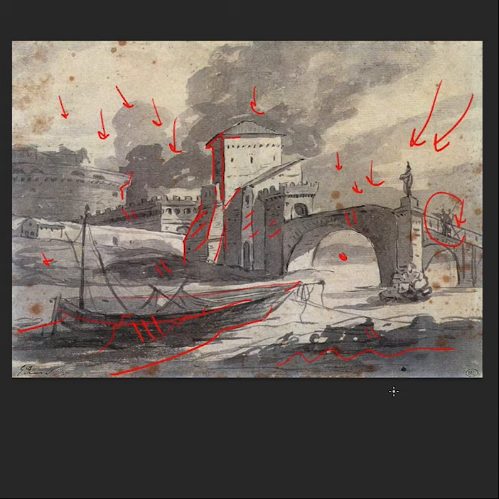And then you could also work a little bit wet into wet to make soft transitions like he does here as well. So there is the work by David, an incredible draftsman, a neoclassical artist that was connected heavily and really cannot be separated, in my opinion, from the time of Napoleon and also his influence.